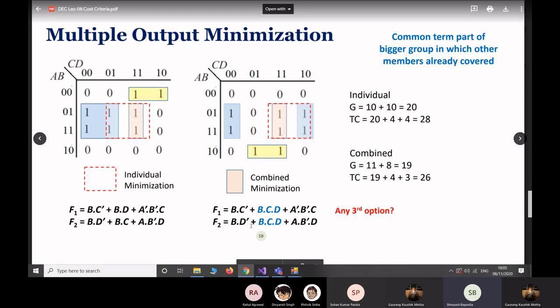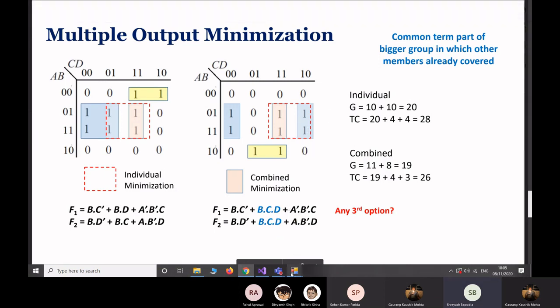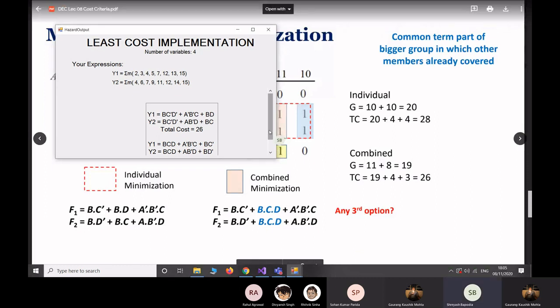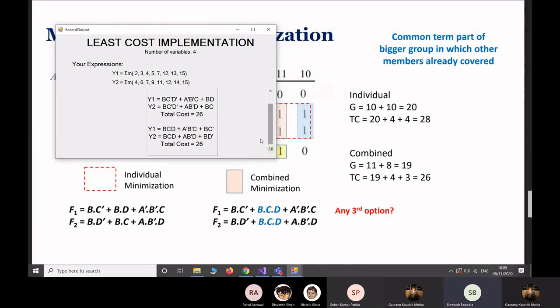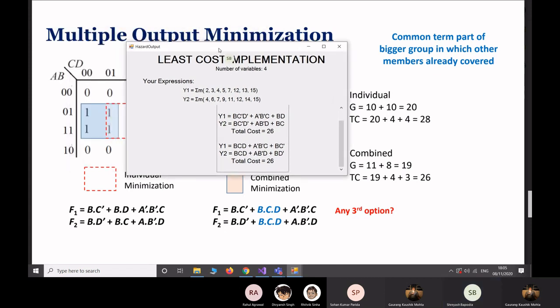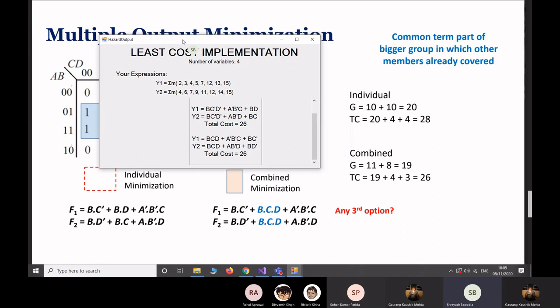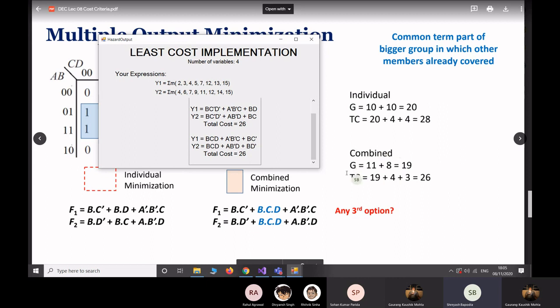We have taken this example from the slides. You can see that our code outputs all the possible answers to the problem. The second solution shown over here is the answer which was shown in our slide. You can see the combined cost of the function is 26, which is shown here.